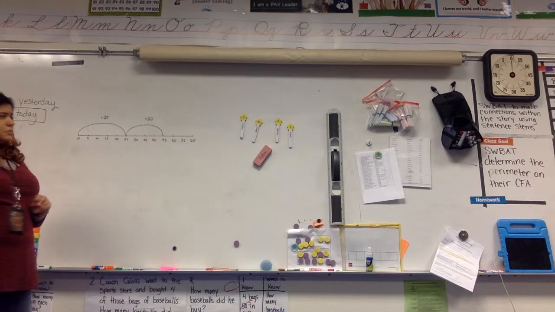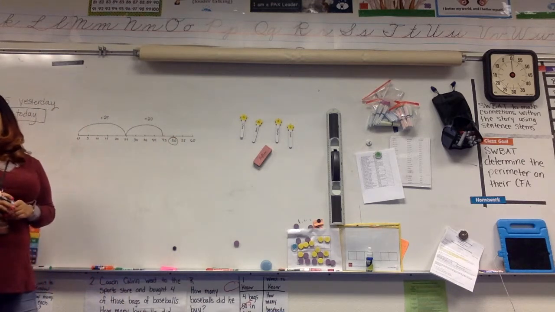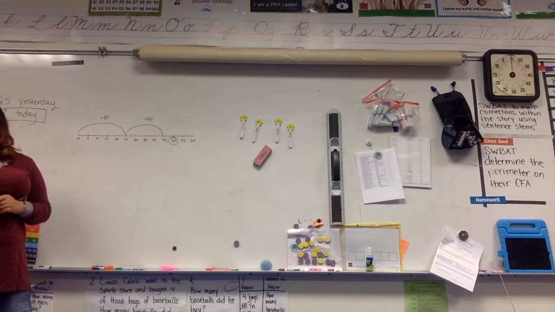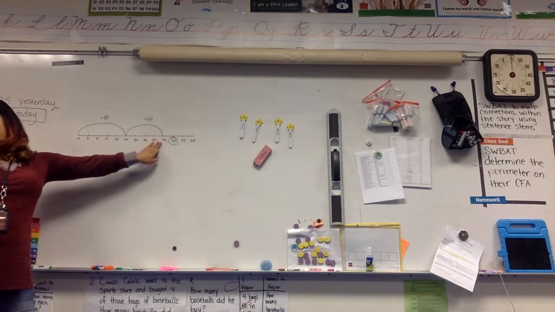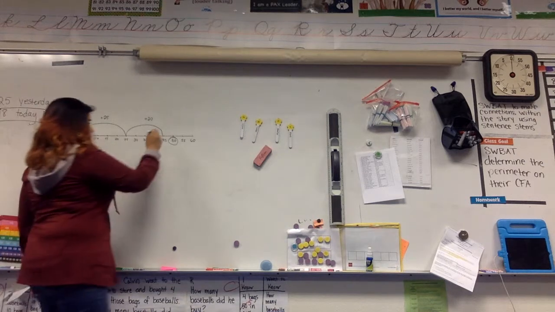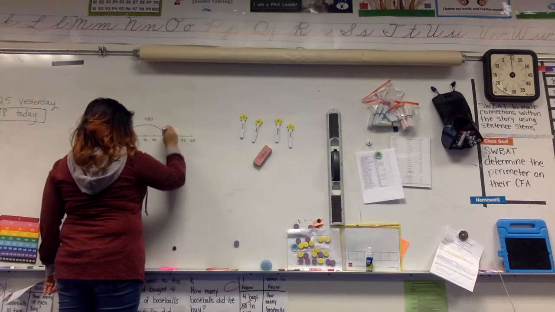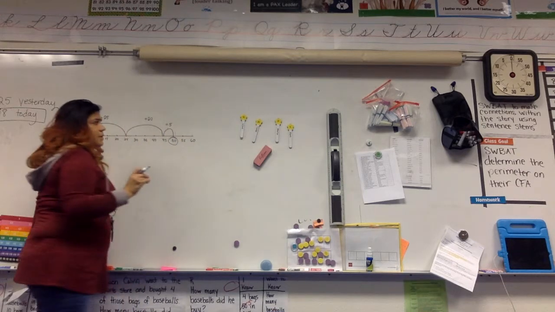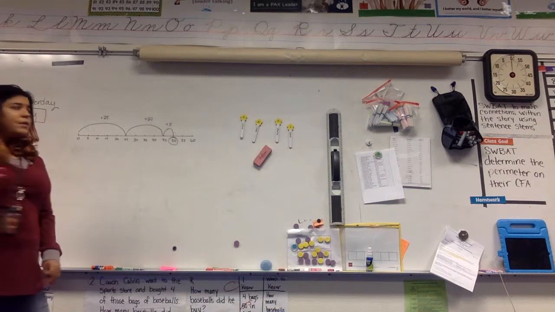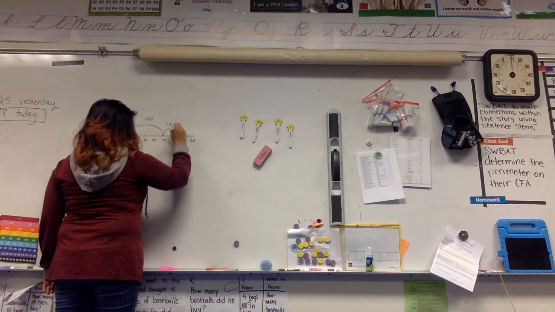To get to the friendly number? Friendly number is 50. I'm at 45. How much to get to that 50? 5. Okay, but I was supposed to add 8. How many more do I still need to add? 3. So it's a little jump right here.